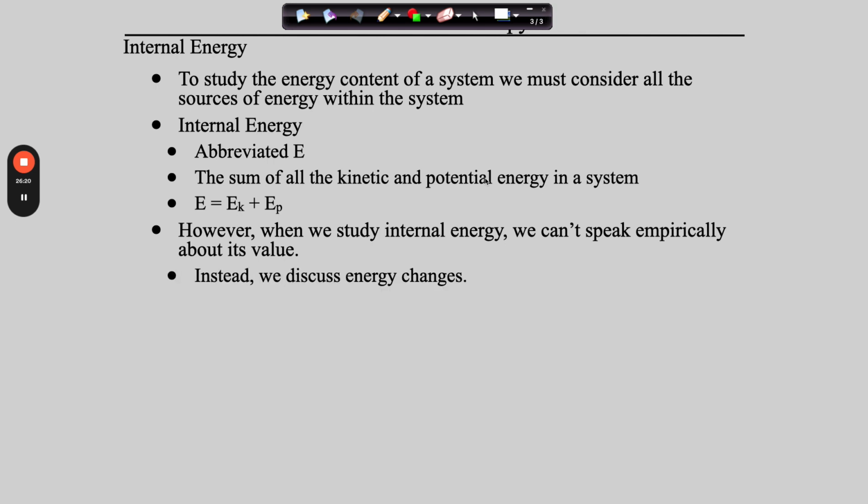What we can do is discuss energy changes and then talk about how the energy of the system has either risen or fallen based upon its interaction with the surroundings. Guys, this is going to be critical on Wednesday, but for now, we're going to simply talk about it this way. We're going to talk about changes in energy. And guys, like any other change, it's final minus initial.